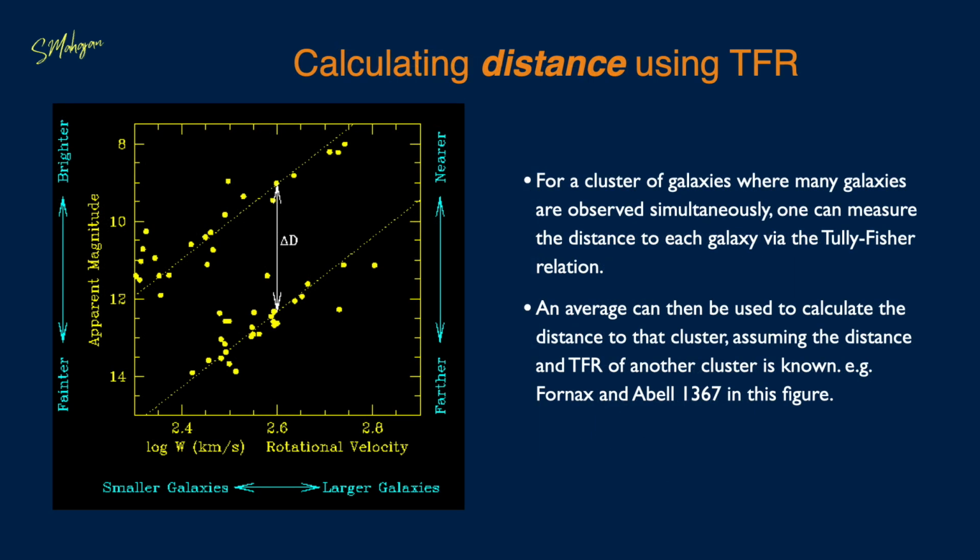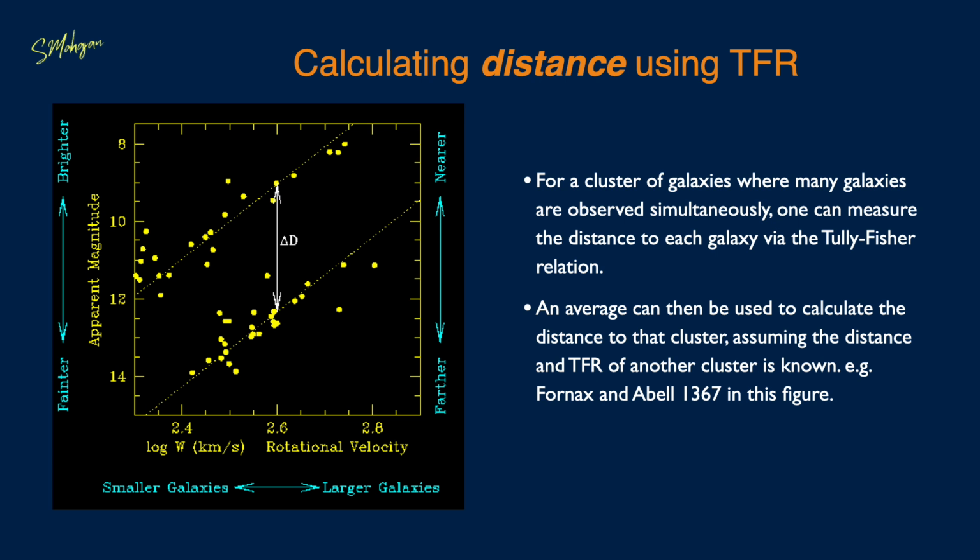Since luminosity is related to the maximum rotation velocity Vmax, by knowing Vmax and the apparent magnitude of a galaxy, one can predict the absolute magnitude and hence the distance to the galaxy. For a cluster of galaxies where tens of galaxies are observed, one can measure the distance to each galaxy via the Tully-Fisher relation and then take their average to calculate the distance to that cluster.